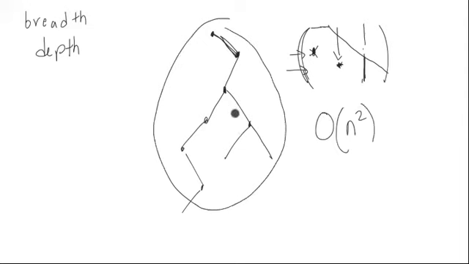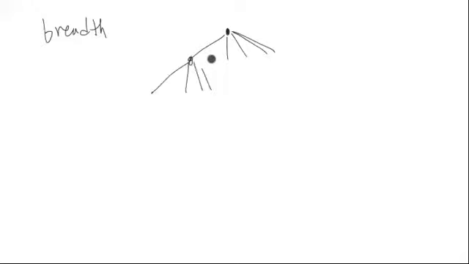Okay, now what about breadth? For breadth first search, what are we doing? Well, we're going to be traversing the edges. First, we look at a vertex, and we first do everything that's adjacent to this vertex, and then we move on somewhere, and then we do everything that's adjacent to that.